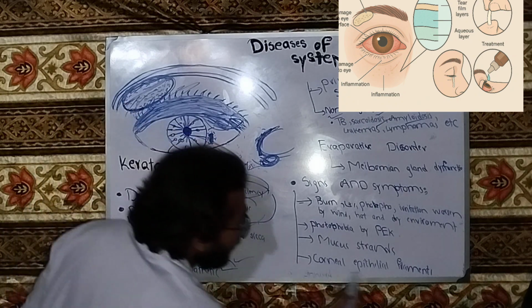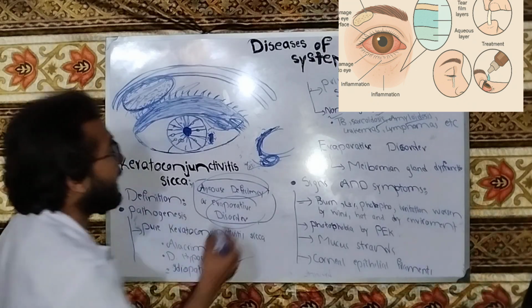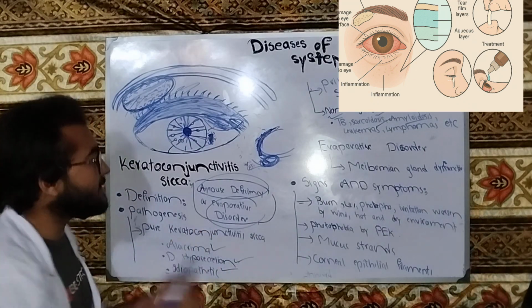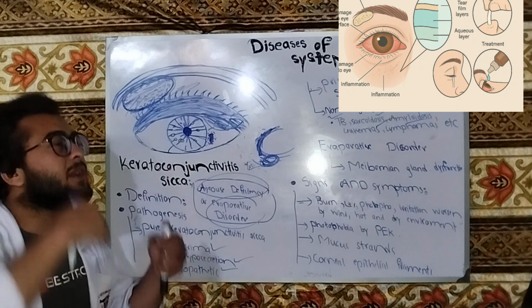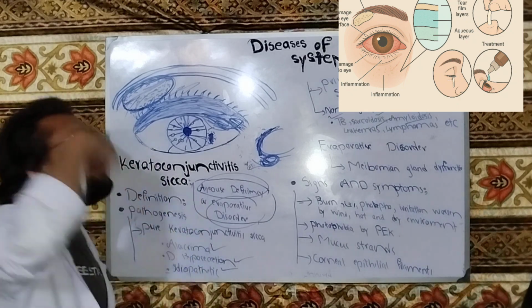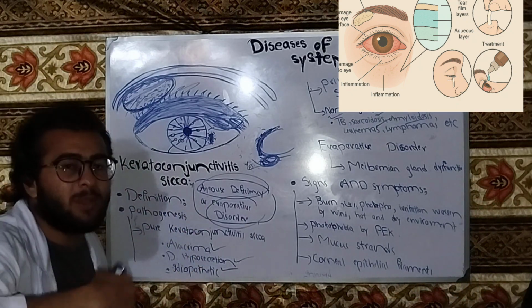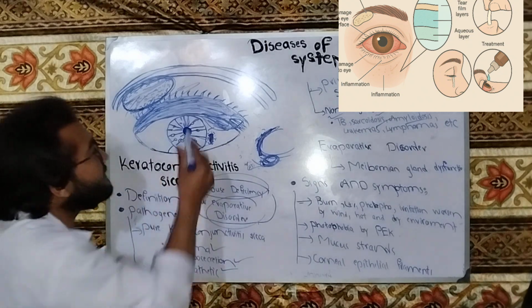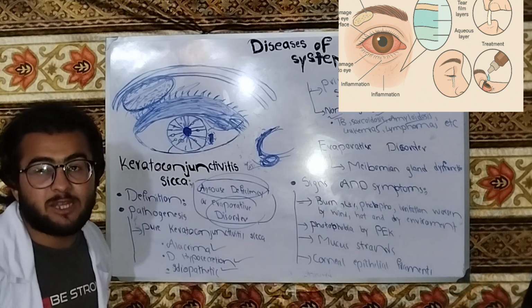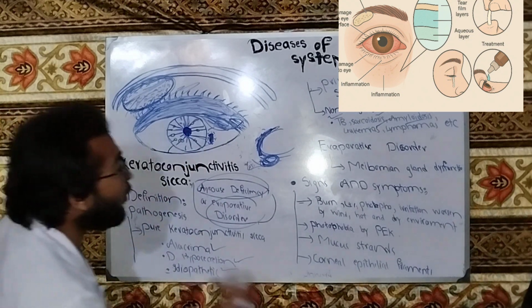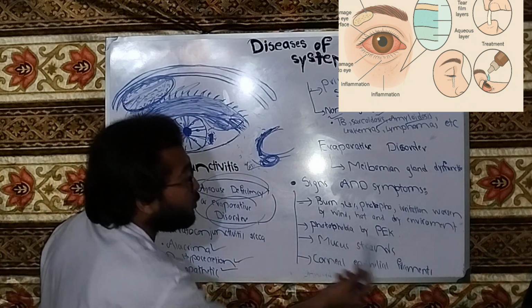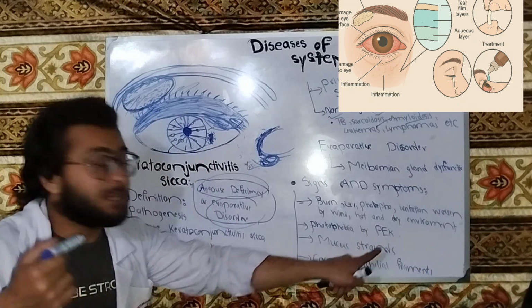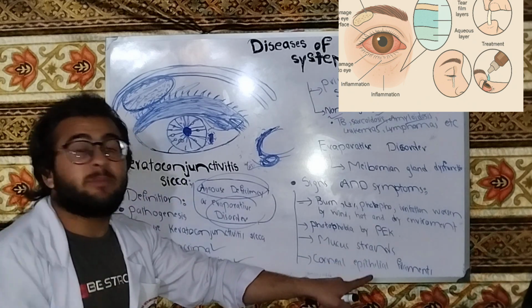This is called corneal epithelial filaments. When someone blinks with these corneal epithelial filaments, it will produce pain, because with blinking these filaments will move like this against the lid margin and will irritate the corneal and conjunctival surface and produce pain. So burning, photophobia, irritation. Photophobia is caused by punctate epithelial keratopathy. There will be the formation of mucus strands.